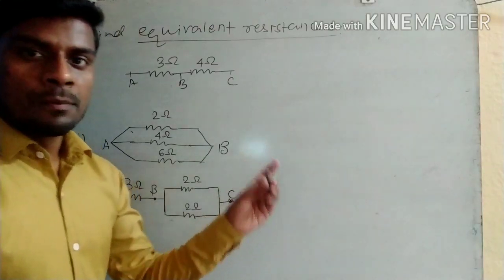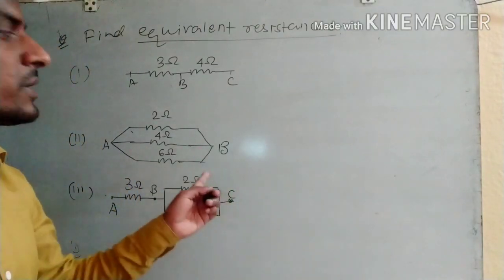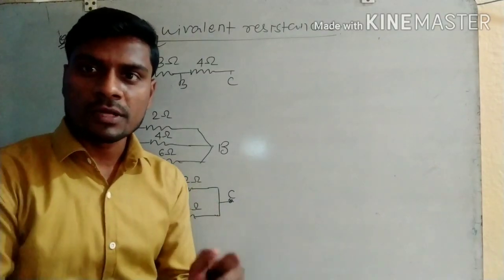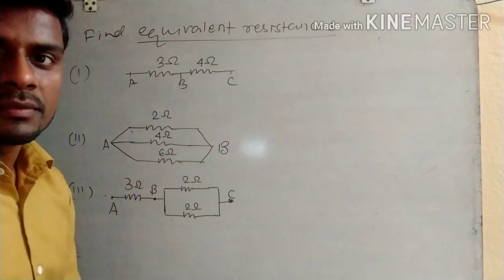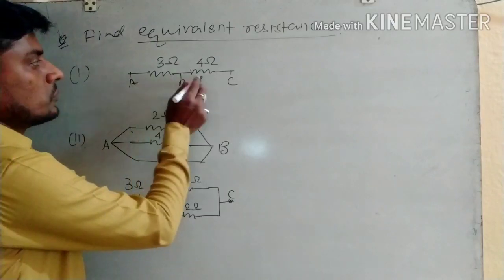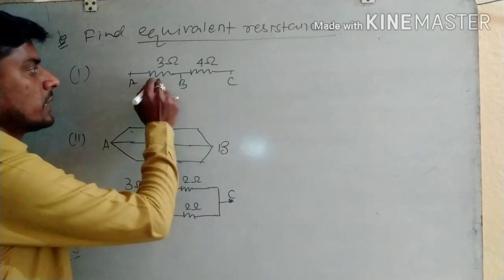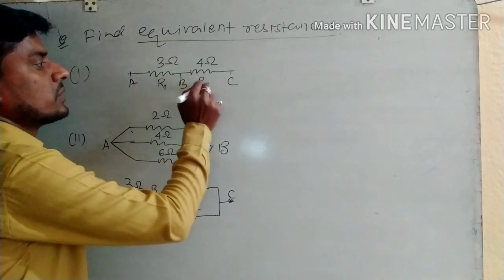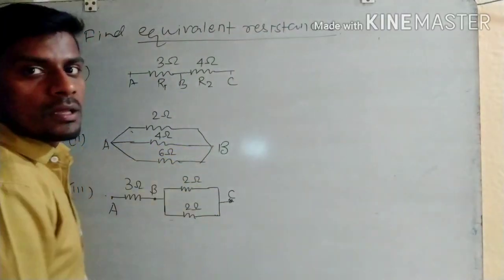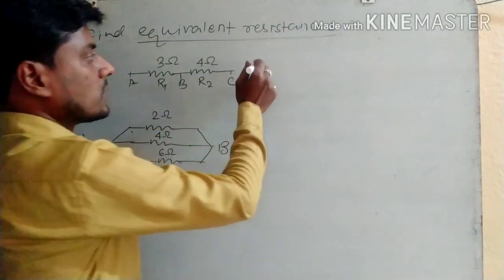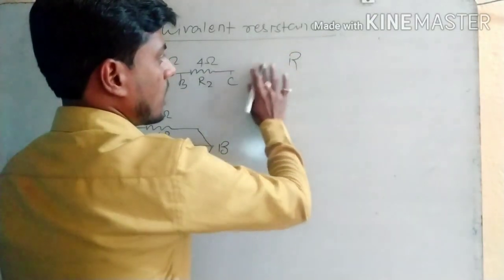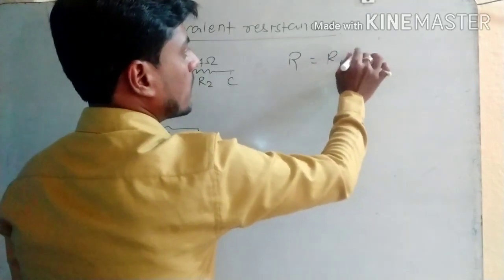Let's take an example of each: series combination, parallel combination, and when both series and parallel combinations are combined. In that case, how can we solve? Let's solve the example. Here is a question. Two resistances, suppose this is R1 and this is R2, with values given as 3 ohm and 4 ohm. How can we find the equivalent resistance? R is equal to R1 plus R2 in series combination.